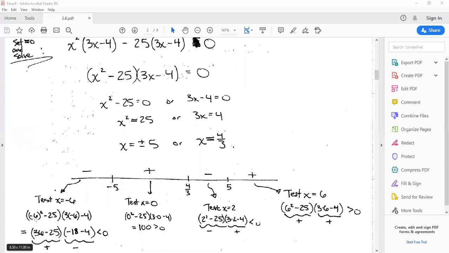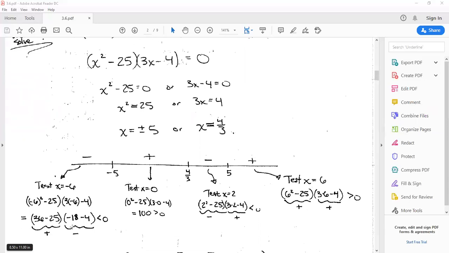So minus 6 squared is 36, and then subtract 25 gives us a positive number. And 3 times minus 6 minus 4 gives us a negative number. A positive times a negative is negative. So the polynomial is negative all along this subinterval for x less than negative 5.